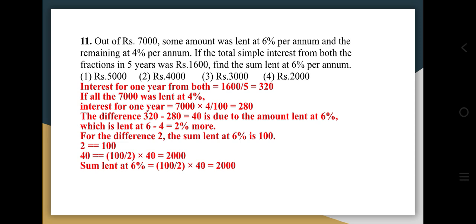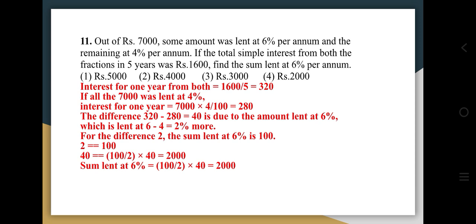So out of 7,000, some amount is invested at the 6% rate, the remaining at the 4% rate. Total simple interest for 5 years is 1,600. We have to find the sum lent at 6%.